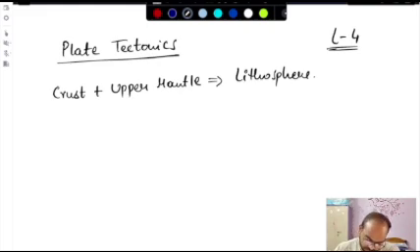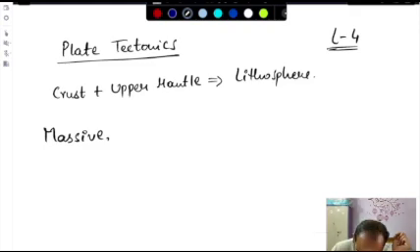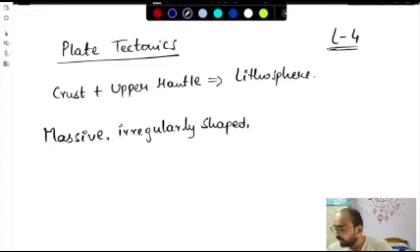Okay, plate is massive. It is a massive structure, first thing. Second thing, it is irregularly shaped. And third one is it is composed of either continental material or oceanic material.